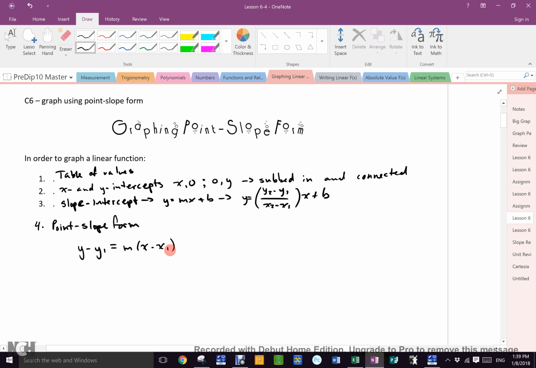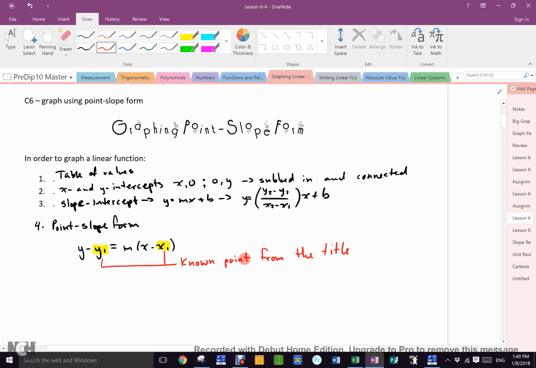Now, there's a little bit of knowledge to be brought to here. This point here, the x1 and the y1, those are the known point from the title. The title is point slope form. Those spots right there are the known point that you have on the line.